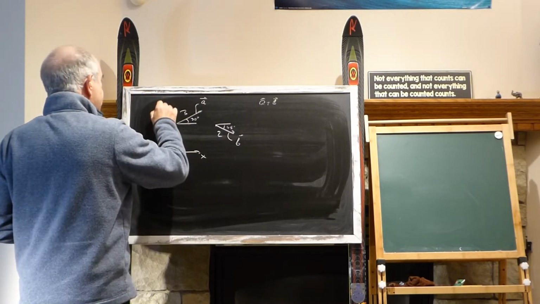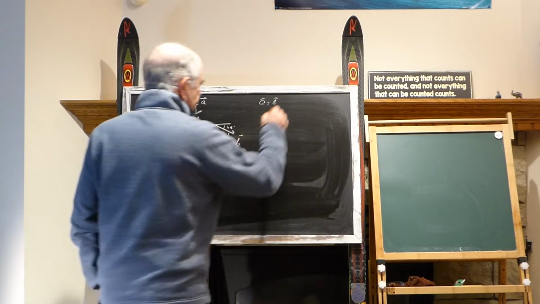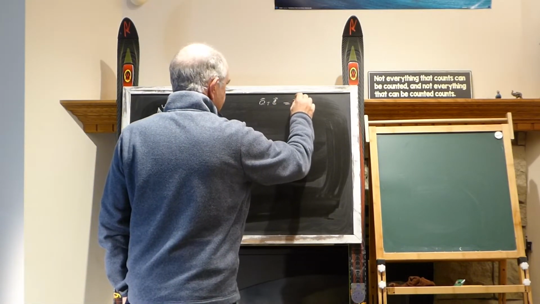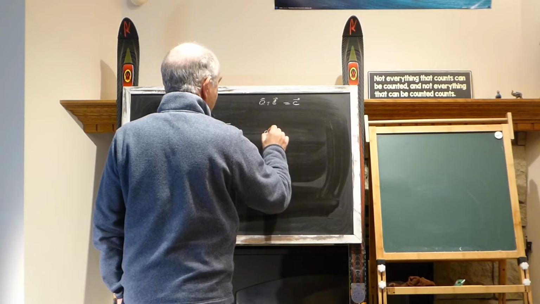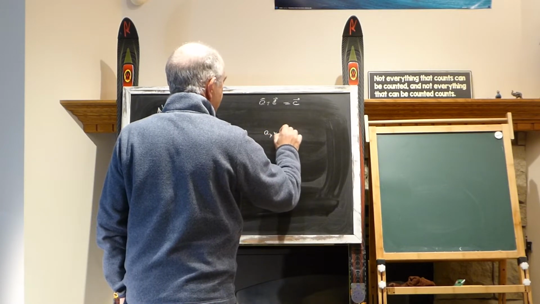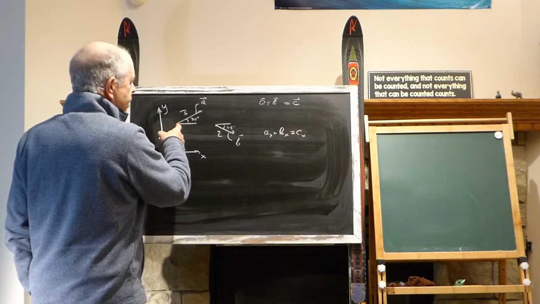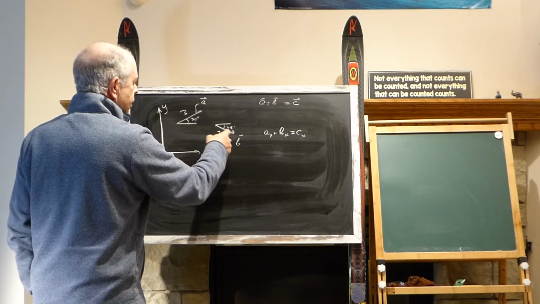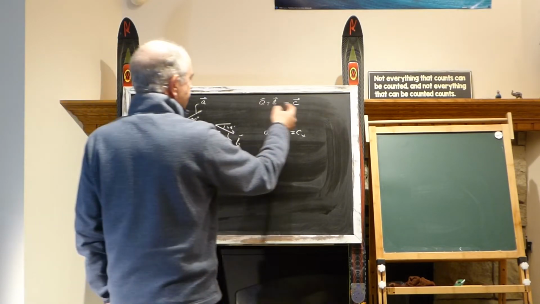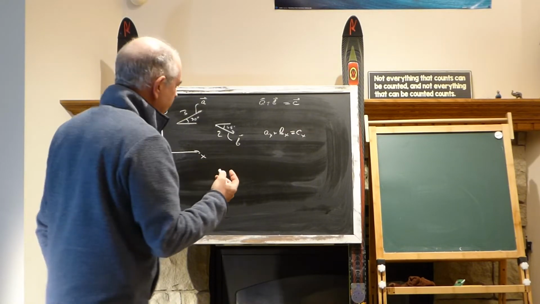This is x and this is y. And we say that A plus B equals C. And we say right away that Ax plus Bx equals Cx. So we take the projection of this vector on this axis, the projection of this vector on this axis, and we obtain Cx, the projection on coordinate x.